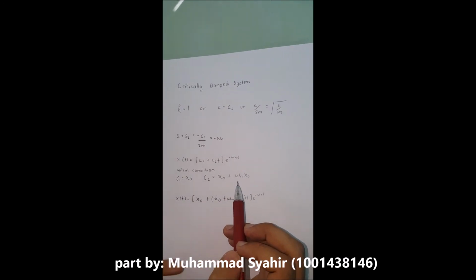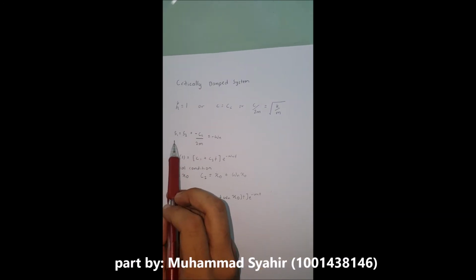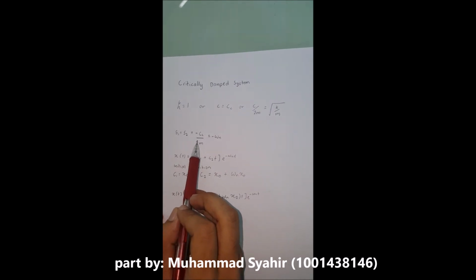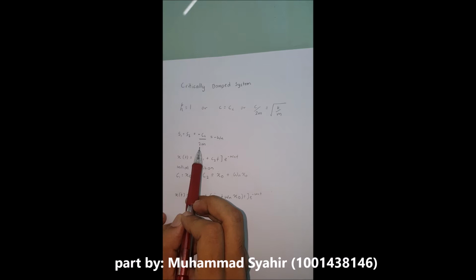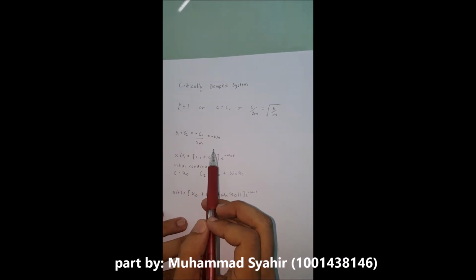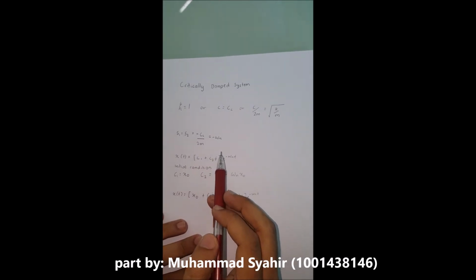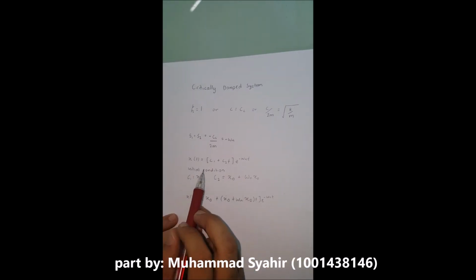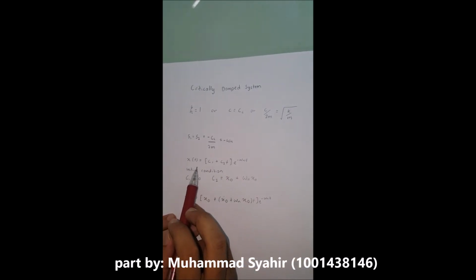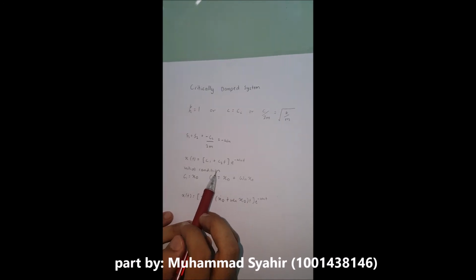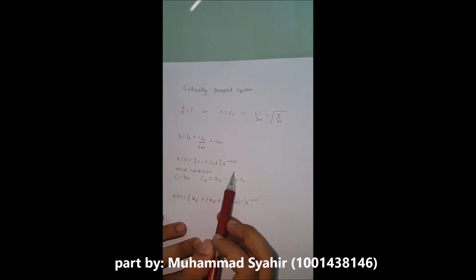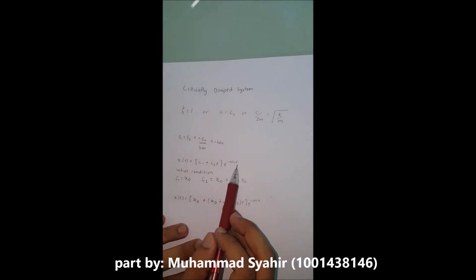In this case, the roots are s1 equals s2 equals negative critical damping over 2m, or equals negative natural frequency. Due to the repeated roots, the equation will be x of t equals bracket C1 plus C2 times t, bracket, times the exponential of negative Wn times t.